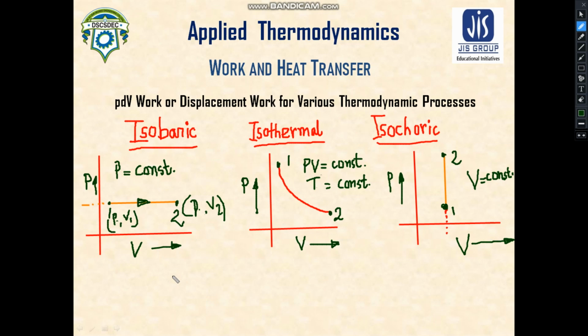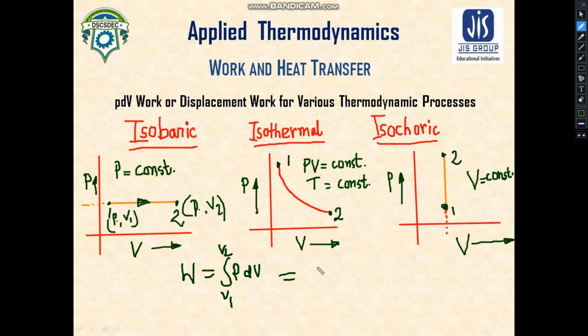So if we need to calculate the PdV work, what was our formula? The formula was the integration of P dV. What were the limits? The limits were V1 to V2, that is, initial volume to the final volume. Since P remains constant, we do not need to correlate it with dV.